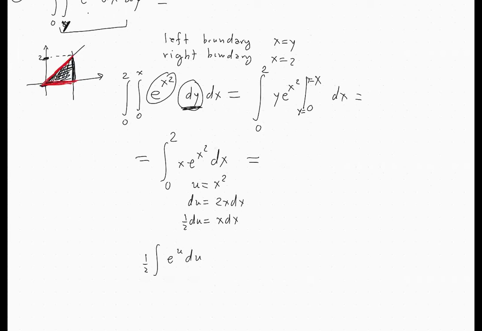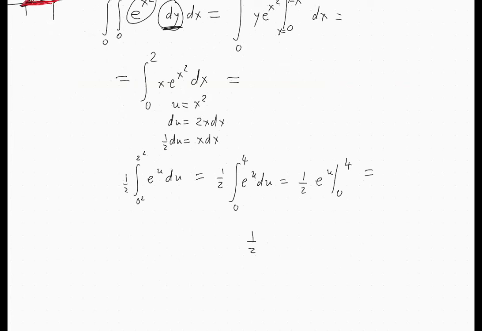So you have to go from 0 squared to 2 squared, meaning this is going to be 1/2 times the integral from 0 to 4 of e to the u du, which is 1/2, and the derivative is e to the u, 0 to 4, which is 1/2 times e to the 4 minus e to the 0. And of course, I remind you that e to the 0 is the same thing as 1. And that's our final answer.